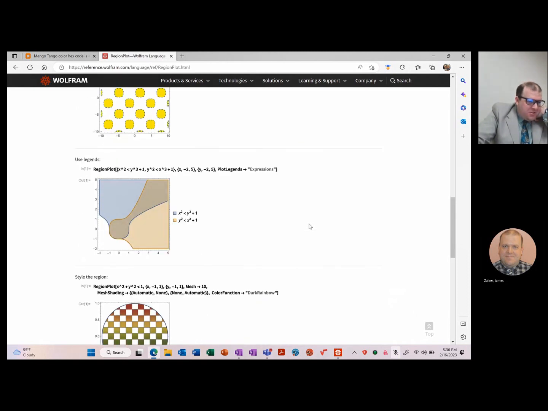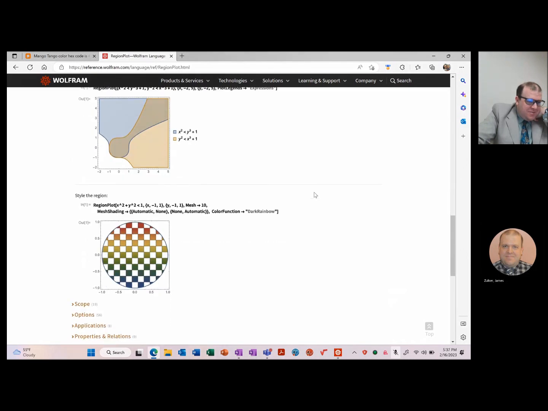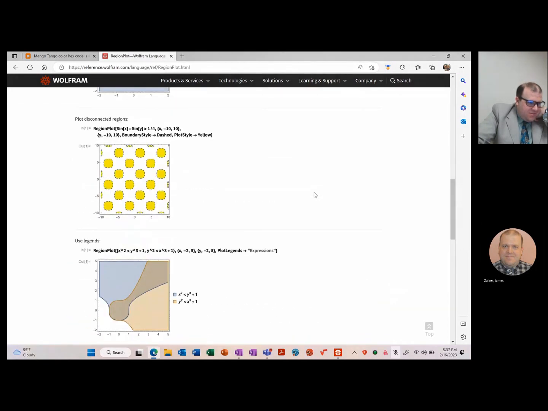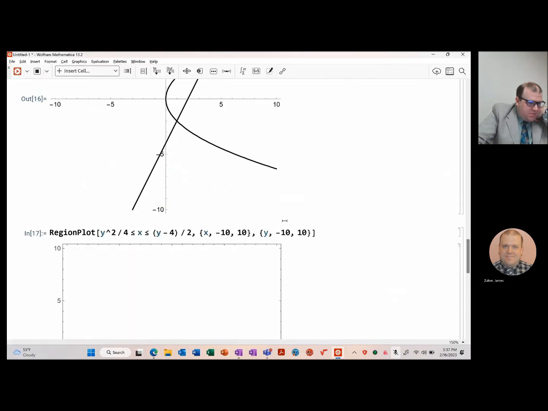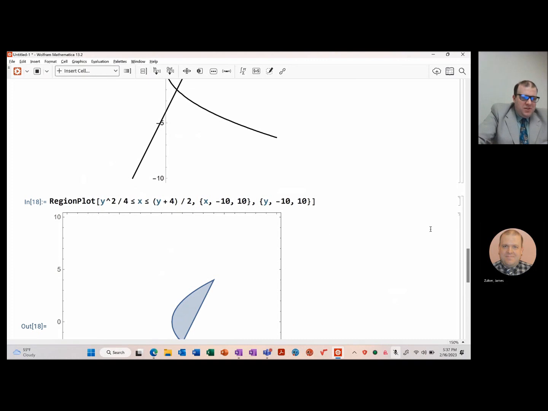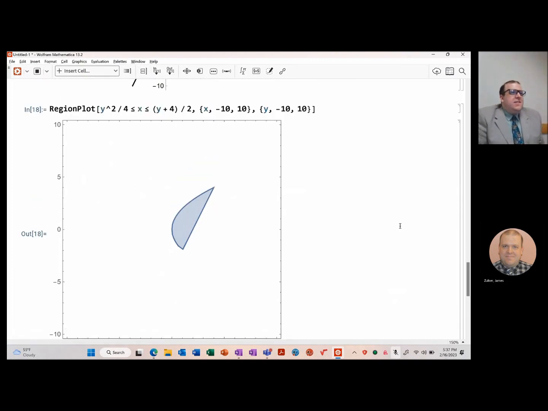Oh, that shape doesn't look right. Is it because it should be y plus 4? Well, it's minus 4 originally. So, derp. Perfect.